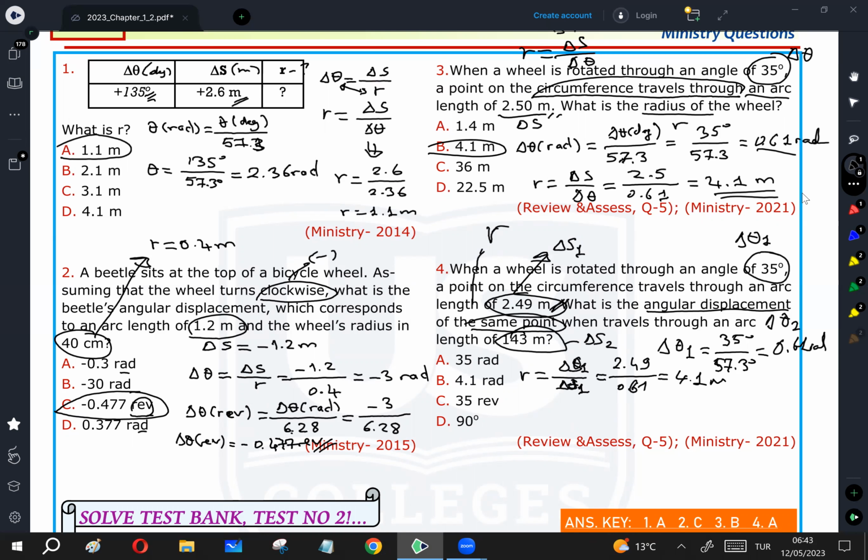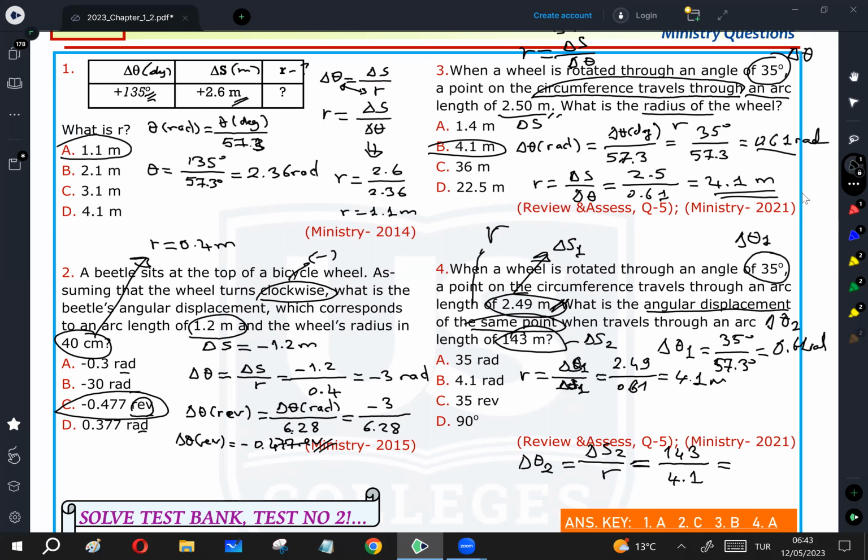Same point this time moves a 143 meter arc length. Now calculate delta theta 2. Of course, we should divide delta S2 by, again, the same radius, because it is the same point. Whenever the question says same point, the radius must be the same. So delta S2 is 143 meters. R is calculated as 4.1.